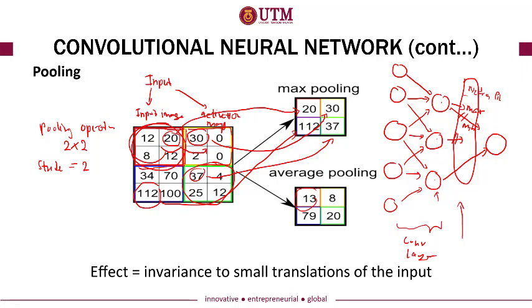If you relate it to an ANN, the purpose of the activation function is to work as a filter: if the signal has low strength, you do not fire, and if the input signal has high strength, then you fire. Maximum pooling works like that.